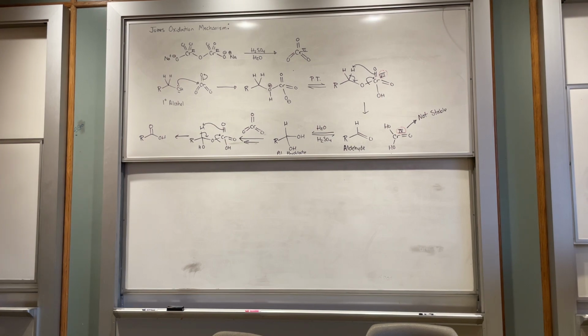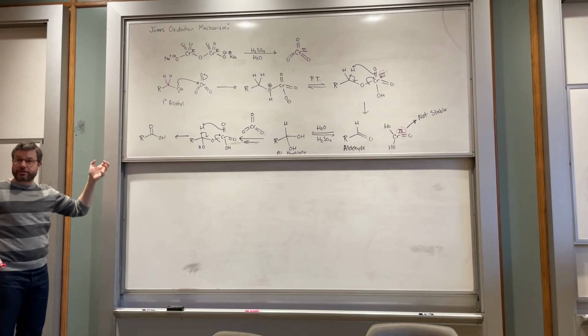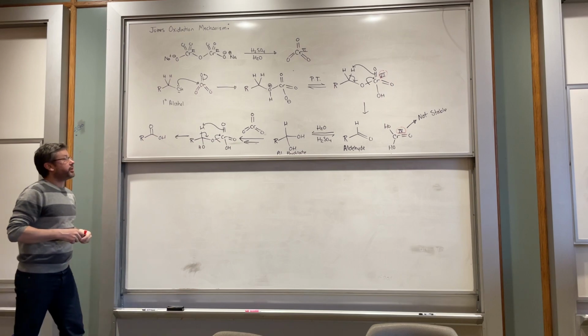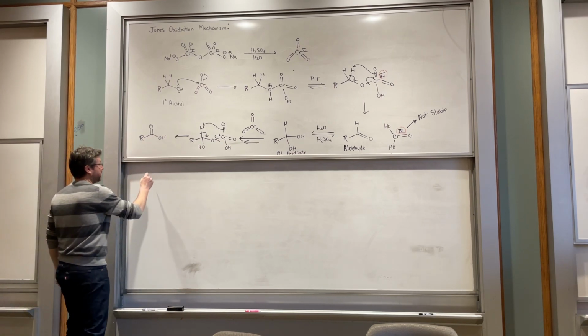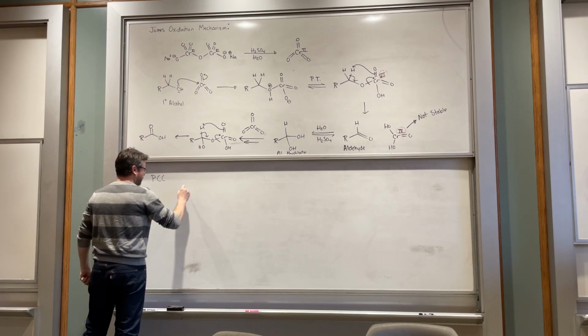All right, but in terms of organic chemistry, Jones oxidation is a great oxidation, right? But it's hard to control with primary alcohols, really harsh conditions, right? So there's an organic chemist at Harvard named E.J. Corey, who developed a reagent called PCC, pyridinium chlorochromate. We looked at the structure the other day.